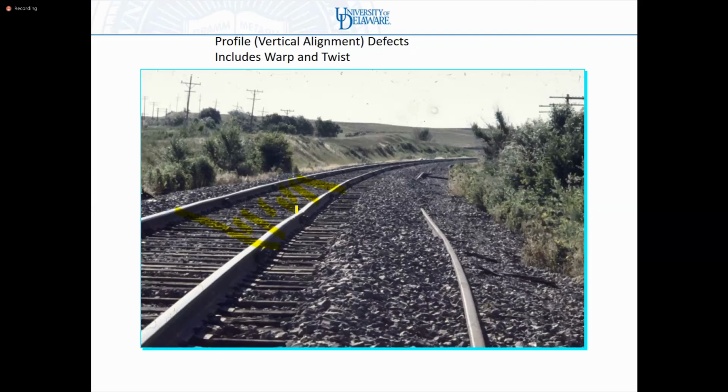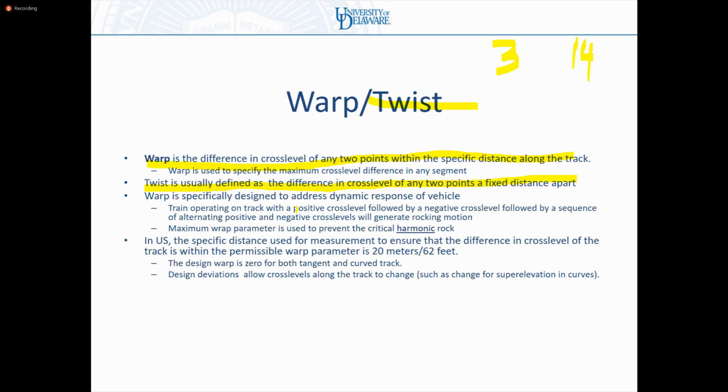And whichever is the absolute worst number, that's my warp. So twist is always that fixed distance apart. So warp is the maximum within that 20 meters distance.